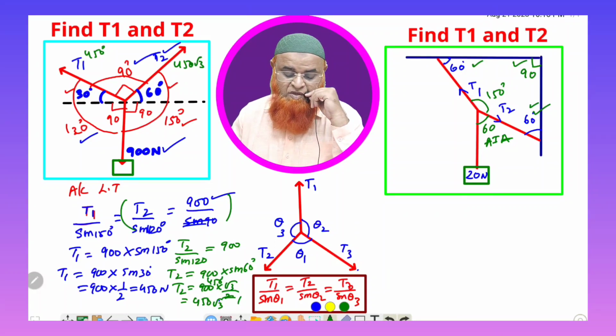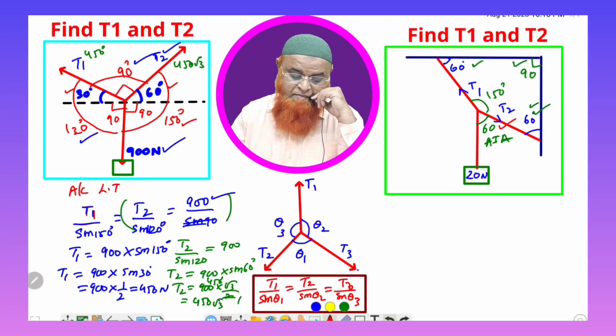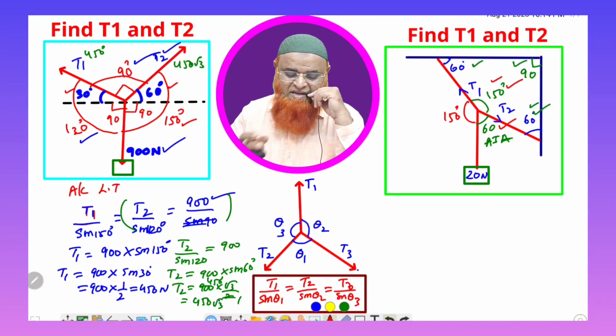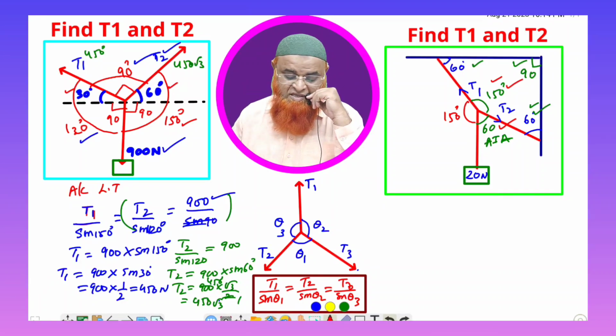Now if this is 60 and this is 150, the remaining one has to form 360 degrees, a complete rotation. So if this is 150 and 60, the remaining is 150, because 150 plus 150 is 300, plus 60 is 360. Complete is 360 degrees here.